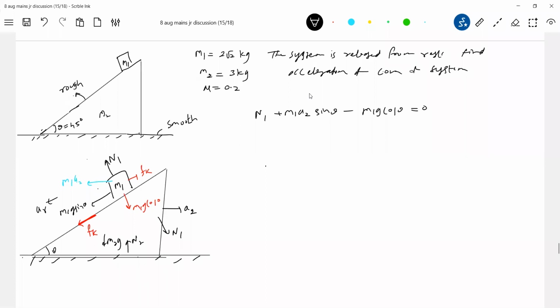M1 value is given as 2 root 2. Let me substitute the values, it will be easy for me. Otherwise the problem will become very lengthy, with a lot of calculation. So I'll keep this as equation 1. Then what is Fk? Fk is equal to mu N1. So mu is how much? 0.2. So 0.2 into (20 minus 2A2).